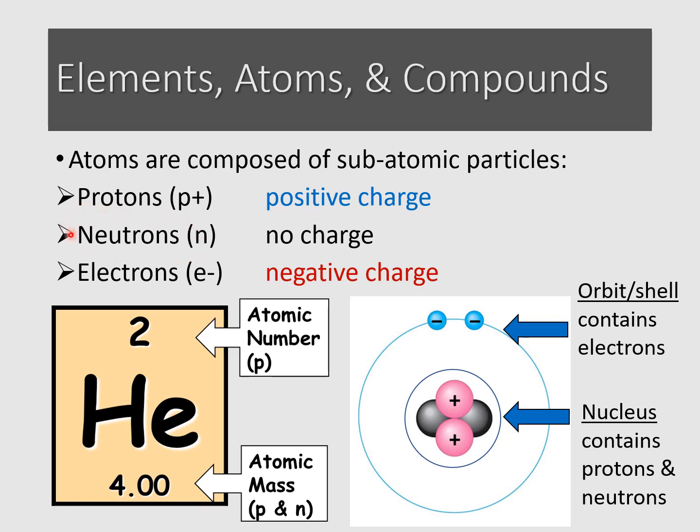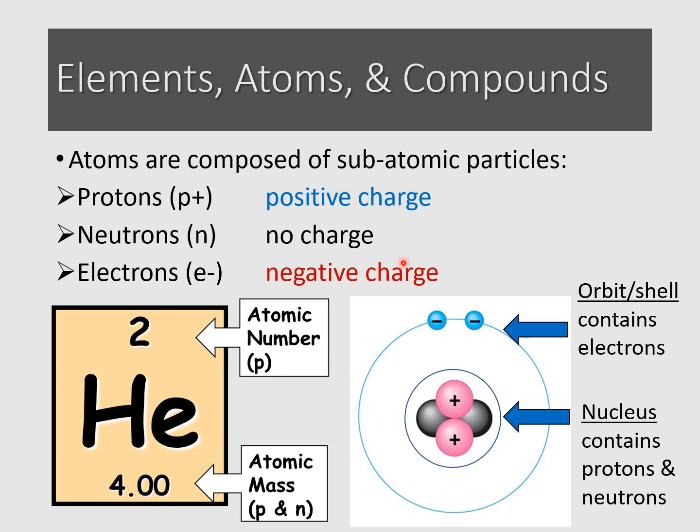Neutrons have no charge, so N for no charge. And electrons have a negative charge, so E and negative, think electrons. So positive protons, neutral or no charge neutrons, and negative electrons.